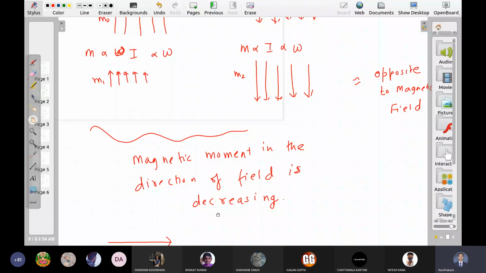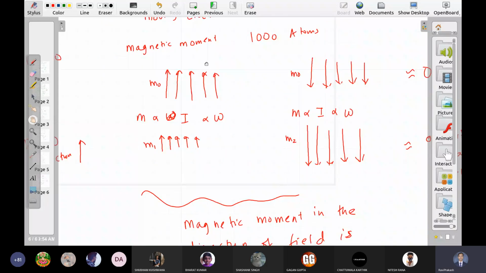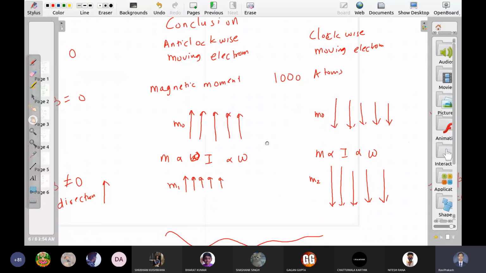Now, one of you asked this question in the last class. All the materials are magnetic. Yes, all the materials are magnetic. Why? This phenomenon is true in all cases. It is true for every sample you can have, whether it is wood, iron, anything. All these things consist of atoms and electrons, and this phenomenon will occur with all materials.